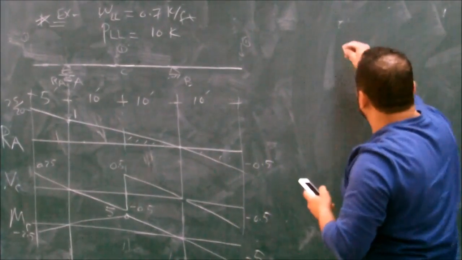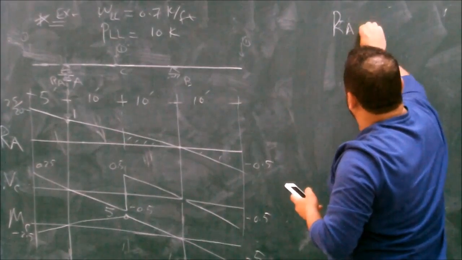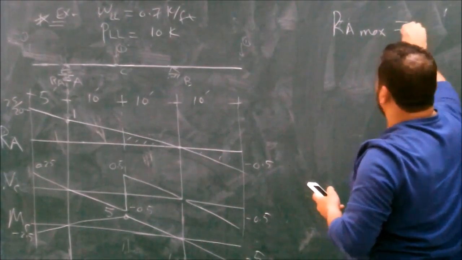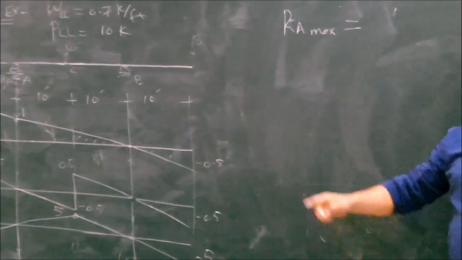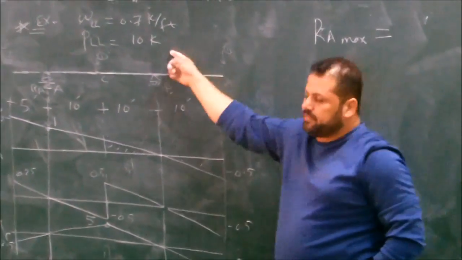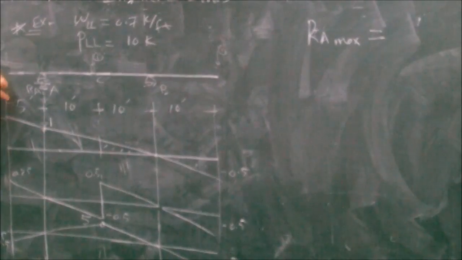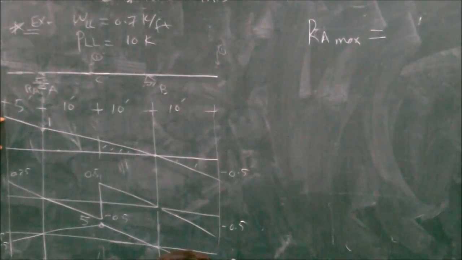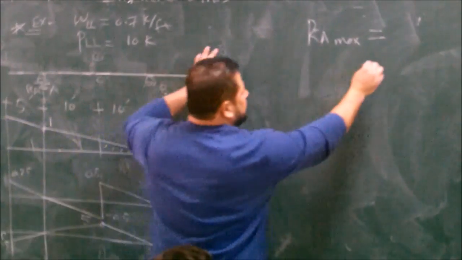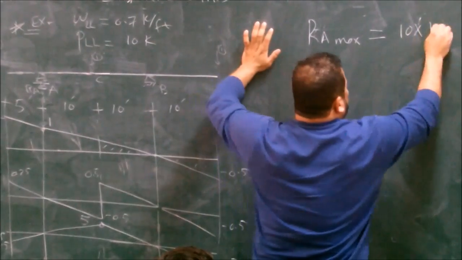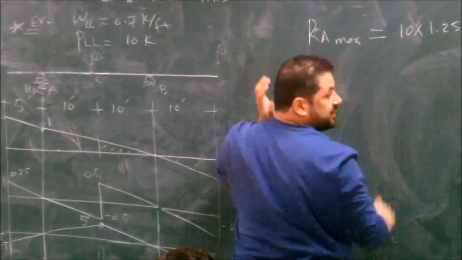A max equals how much? And where do you put the 10 kip? The 10 kip goes on the maximum ordinate. This is the biggest one. So it will be 10 times 1.25, which is 12.5.